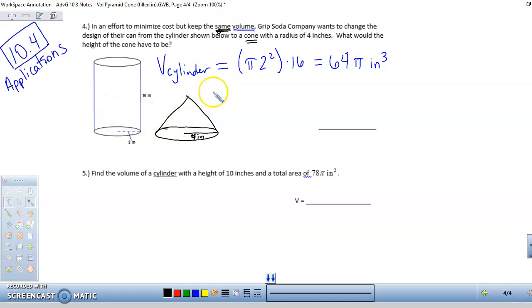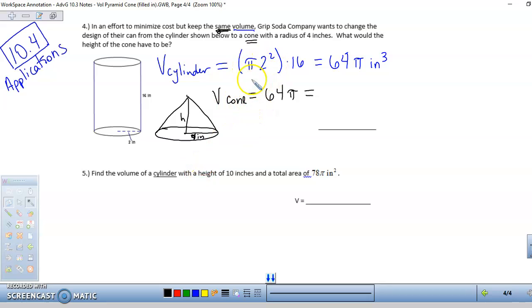So now I'm going to go to the volume of a cone. Well, I know it has to be 64 pi because they have the same volume. Then what I'm going to do is write out the volume of a cone formula. Now I'm also given the radius is 4, and here I'm looking for a height. All right, volume of a cone.